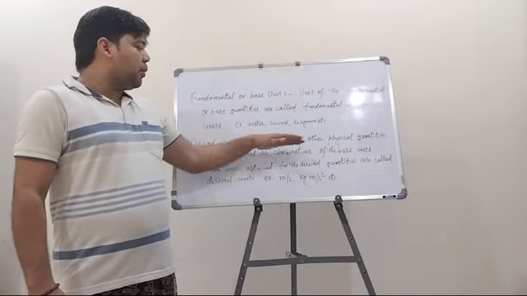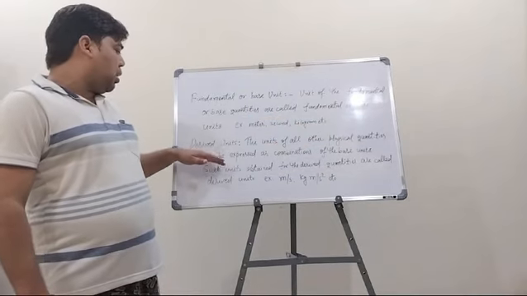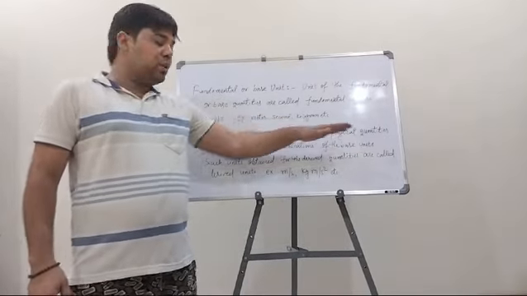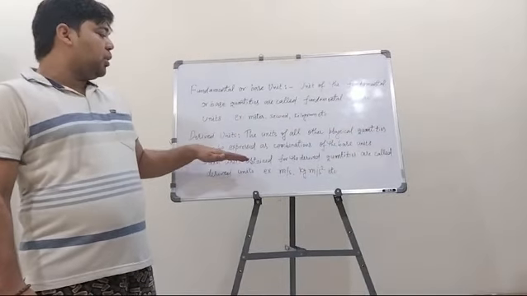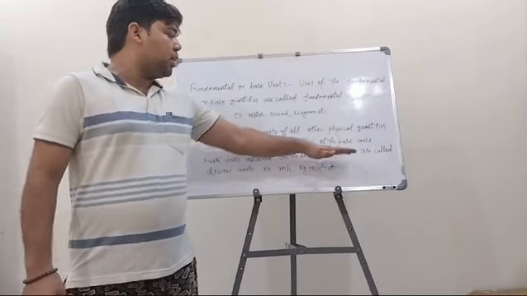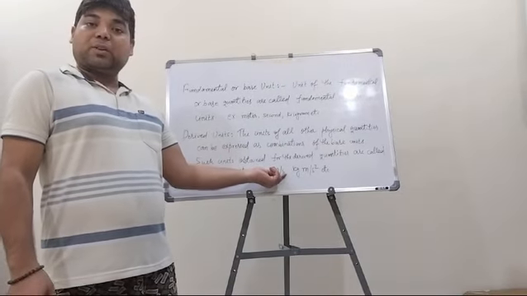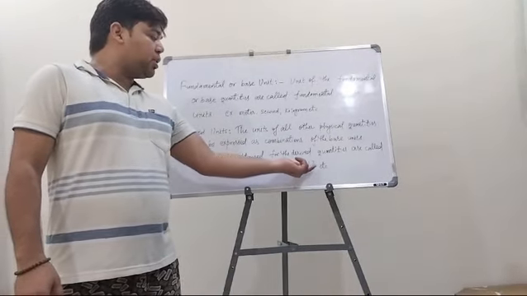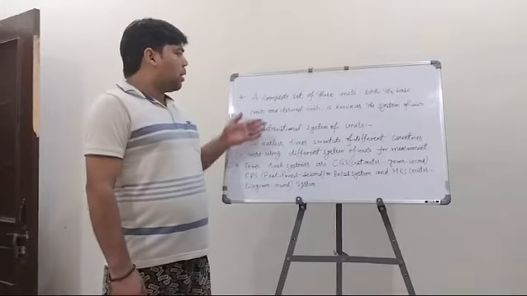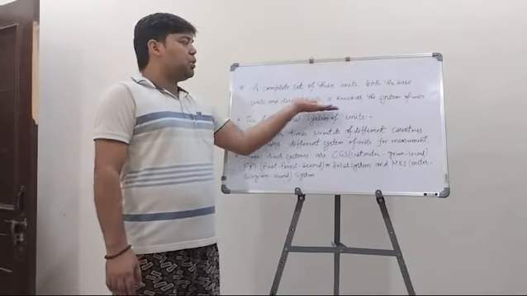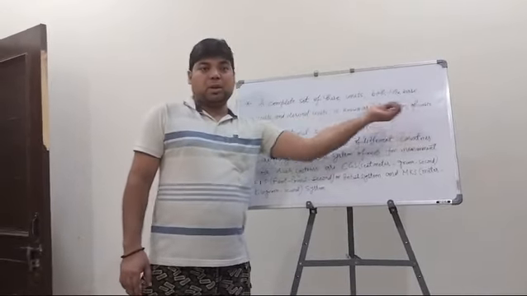The unit of all other physical quantities can be expressed as a combination of the base units or fundamental units. Such units obtained for the derived quantities are called derived units. The simple examples are meter per second, kilogram meter per second square, etc. The complete system of these units, both the base units and the derived units, is known as the system of units.